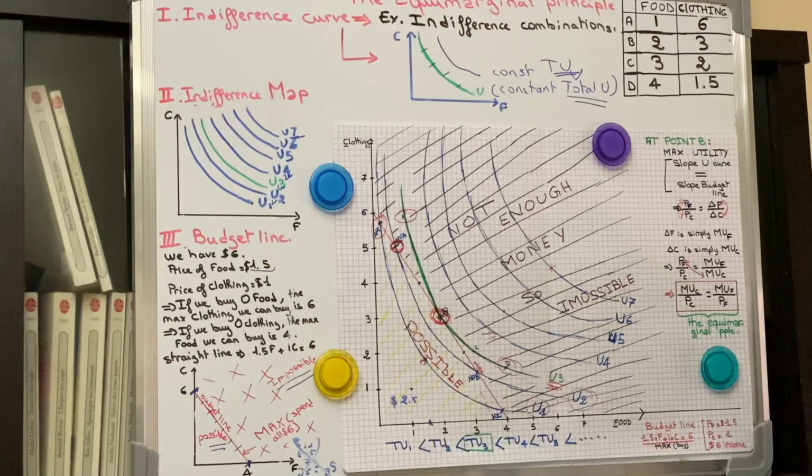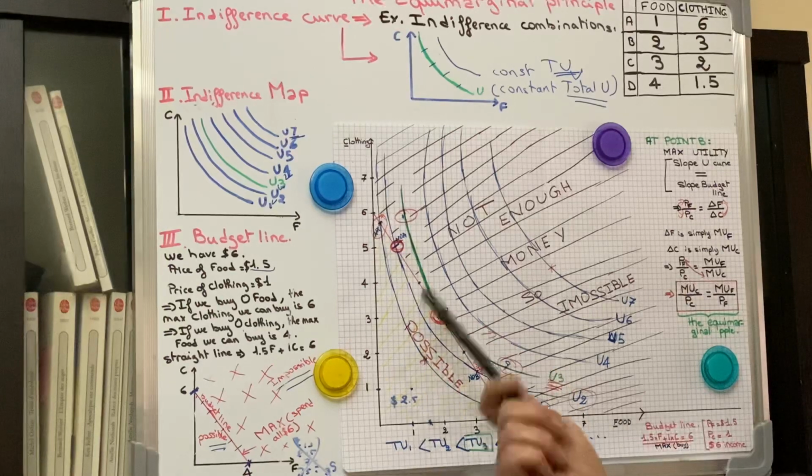Clear, guys? So we achieve the maximum utility when we succeed in equalizing the marginal utility of each good over its price with all other marginal utilities of the goods over their prices, all of them in a basket of goods.